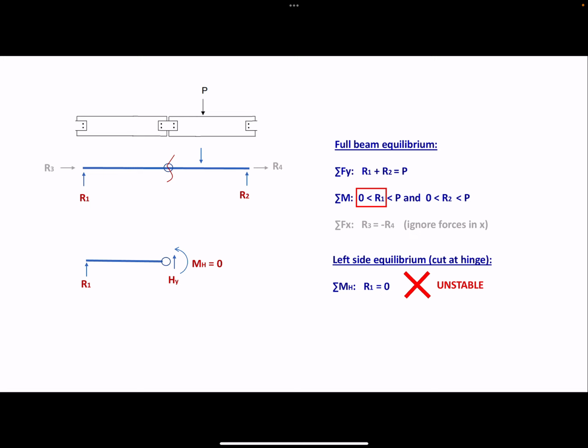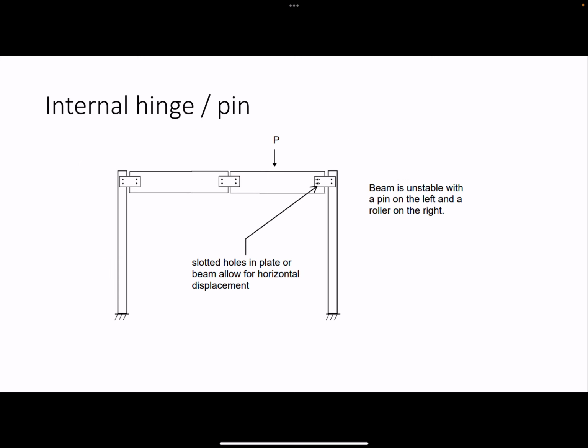Okay. All right, so now if this beam had a roller support on the right end, of course, it would be even more unstable than if it just had a pin support on the right end.